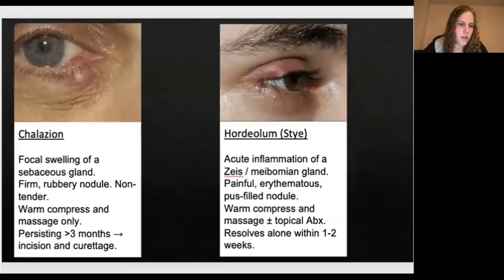I guess the other thing you could confuse it with is a stye, which you can see here. A stye is inflammation or infection of the eyelash gland. You don't usually use antibiotics for this either, unless they are unwell.